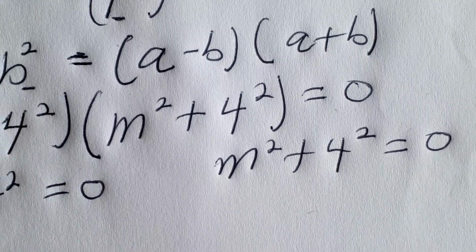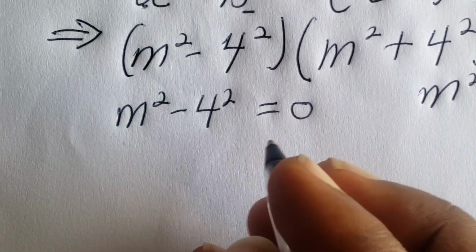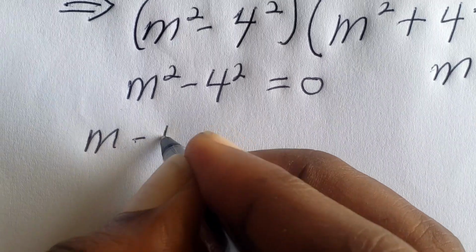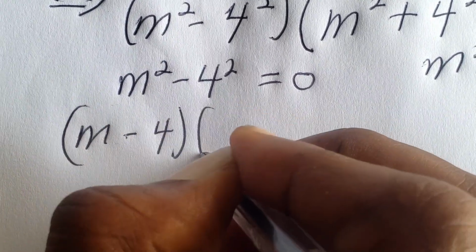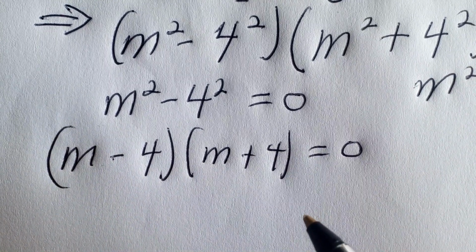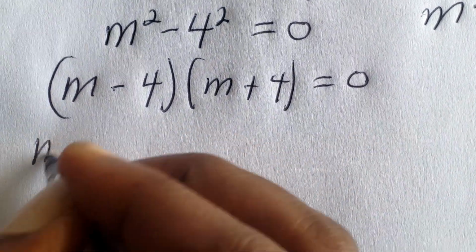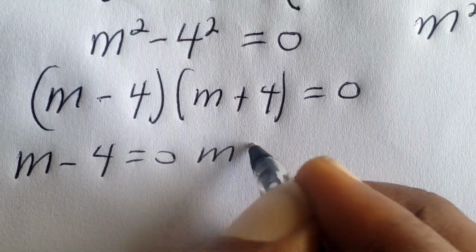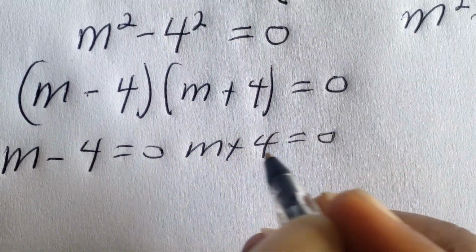Let's solve this one first. We can express this as (m minus 4)(m plus 4) is equal to 0. From here, m minus 4 is equal to 0, then m plus 4 is equal to 0.